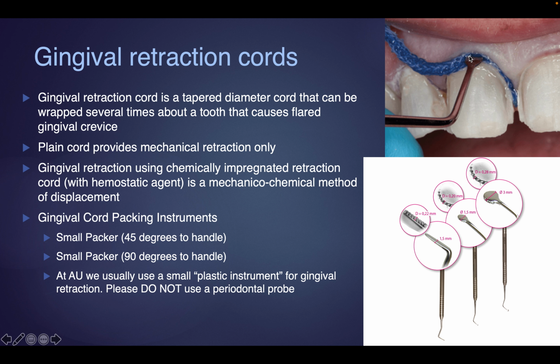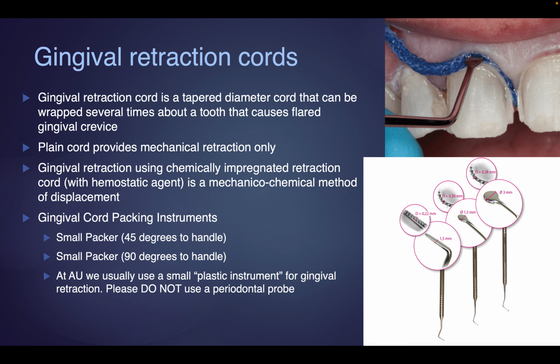Just using the cord without any chemical solution in it will push the gingiva away. If the gingiva is not healthy, by doing this, it will immediately bleed. So that's one of the most important reasons why, because you're going to be using cords when you make an impression, the gingiva has to be healthy.